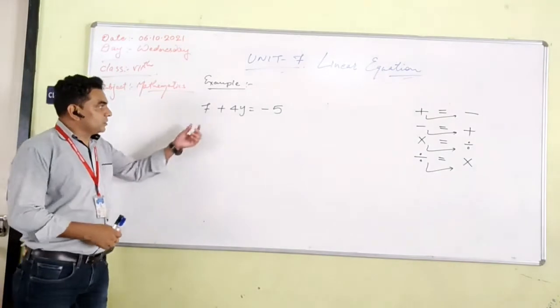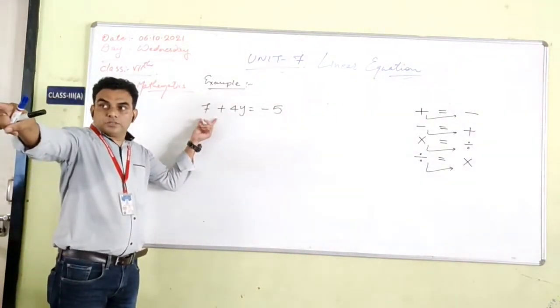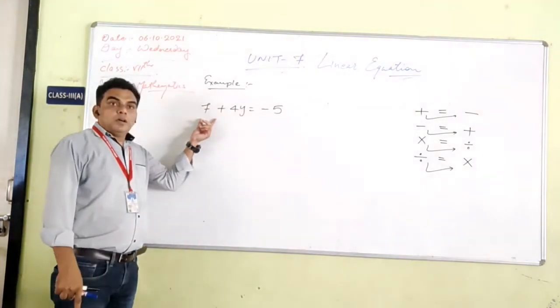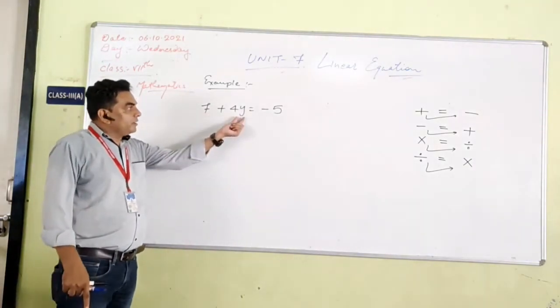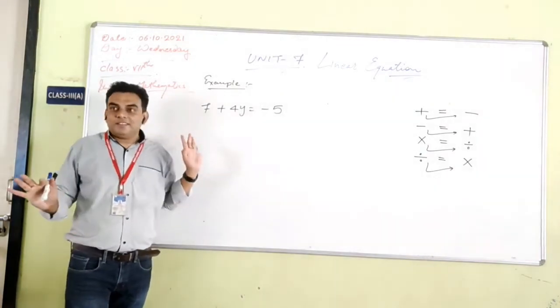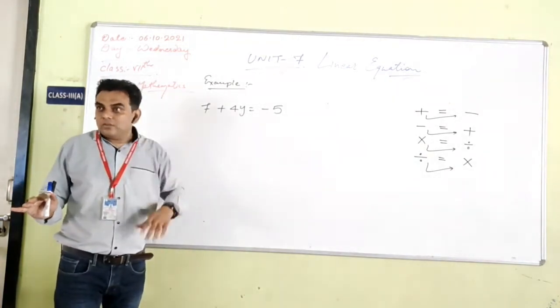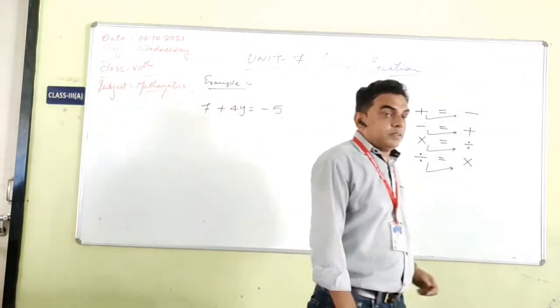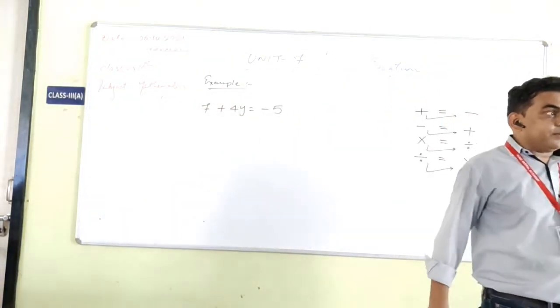You can just solve some of those. So see here. Now here, the unknown term is y. You have to find that y. Okay, the value of y. Suppose the question is like that, find the value of y.